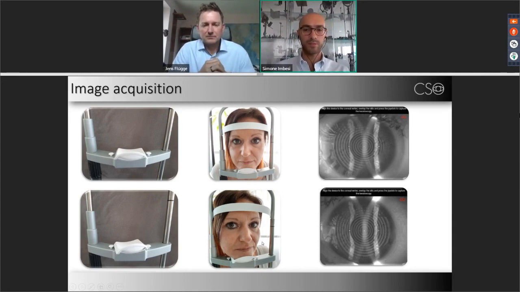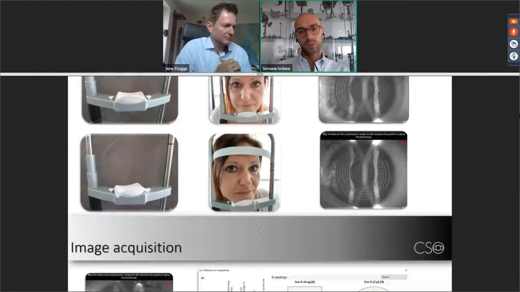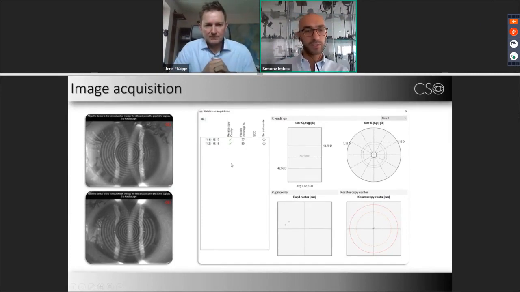You don't have to be scared about letting the patient rotate his head, because if the patient fixates the internal target, as you can see from here, we are sure that the corneal vertex is perfectly aligned to the optical axis of the instrument.